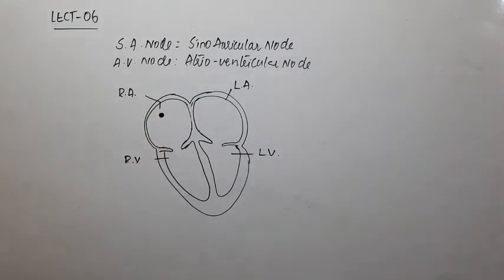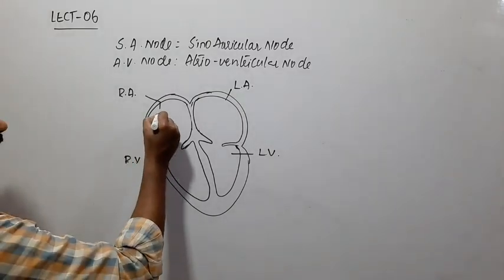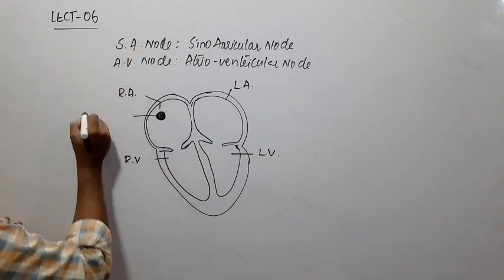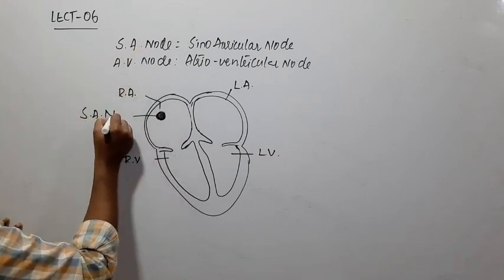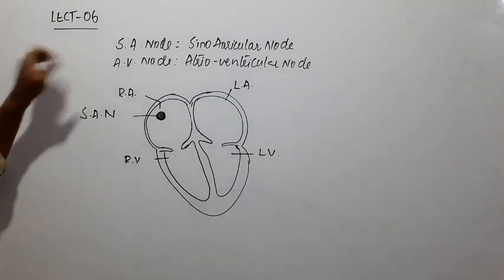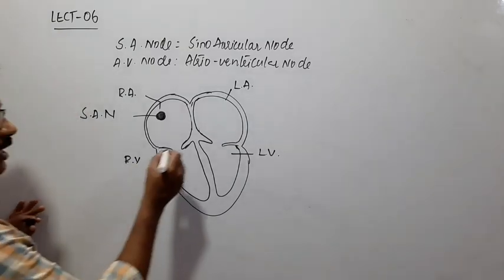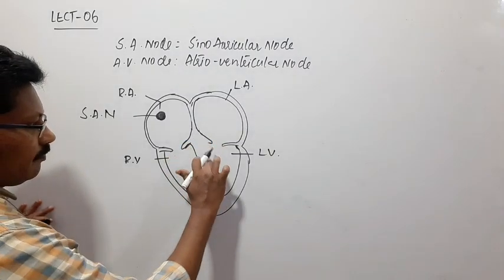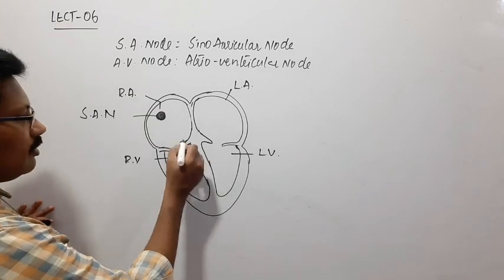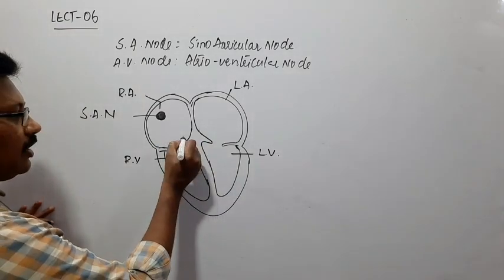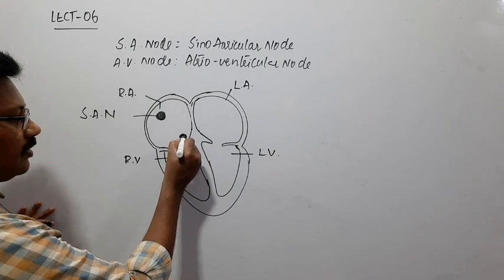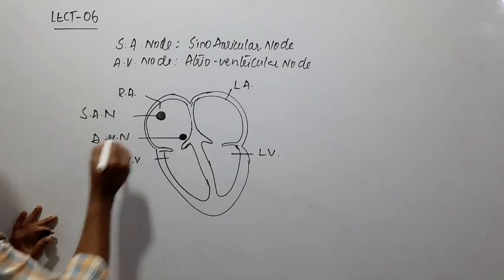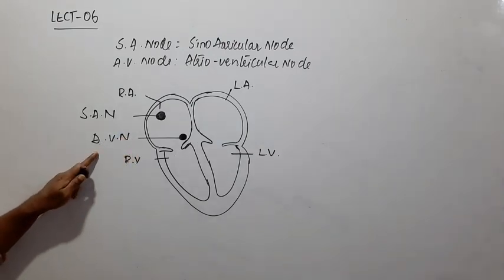We call it a nodal tissue, and this is what I call the SAN, that stands for the sino-auricular node, and one more is present close to the atrioventricular septum, and this is called the AVN, the atrioventricular node.